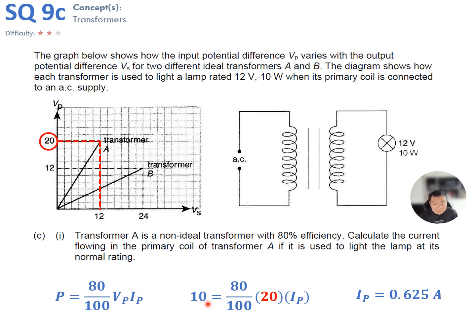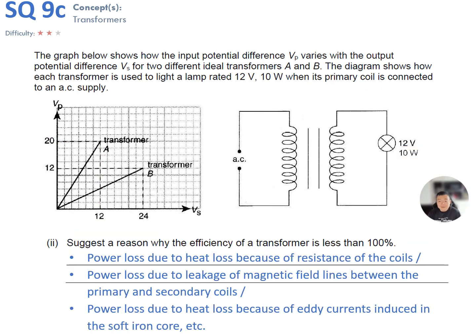Next, this 10 is the secondary power, and we want 10 watts of power for the lamp. So that's why you can plug in 10 here, and that's why we can determine the primary current to be 0.625 amperes.